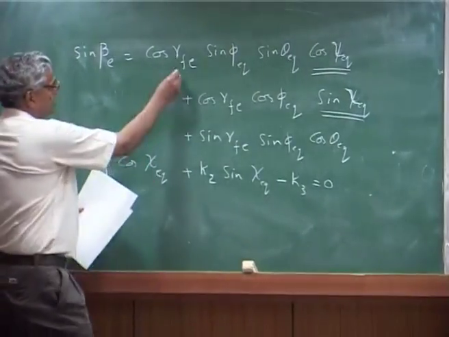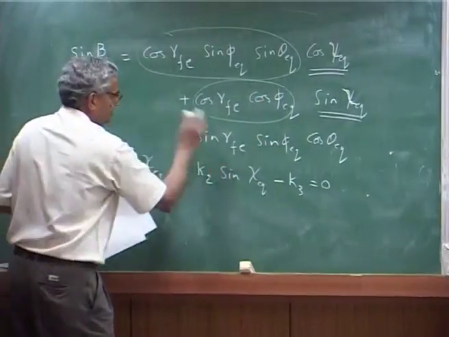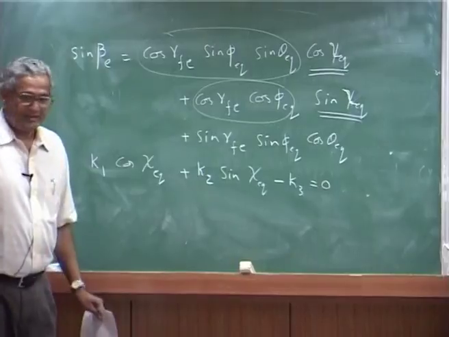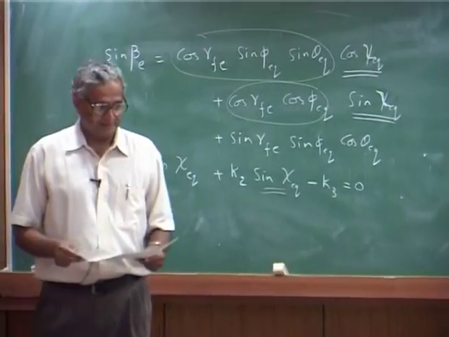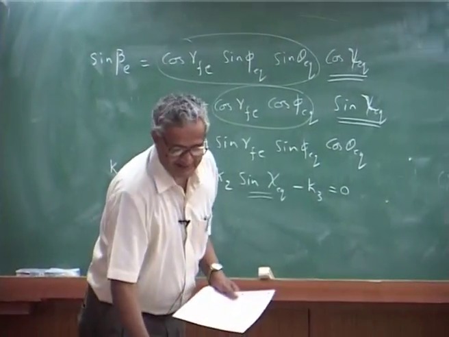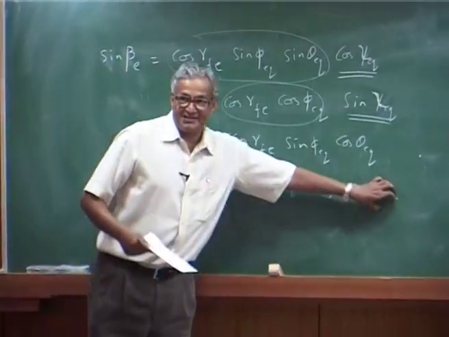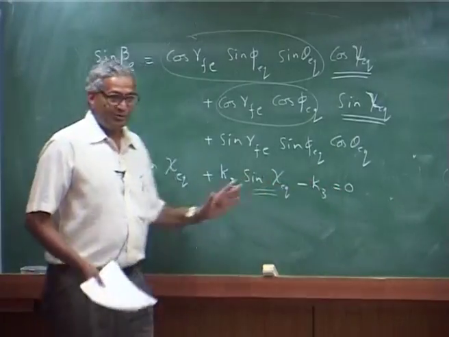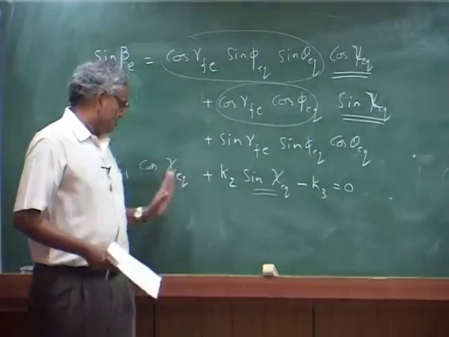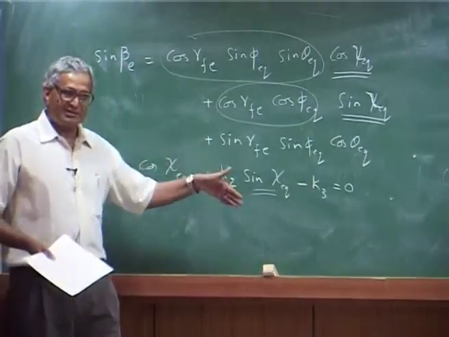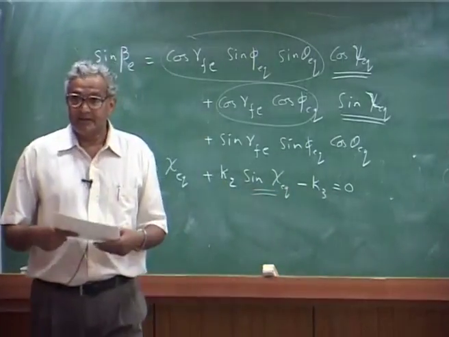Okay. You can say this is K1, this is K2, and K3 is you bring this term and then put a minus sign. Now, what you do is you convert either sine to cos or cos to sine, okay, and then take this term on this side, this term on the other side, square both, you will get cosine square, then cosine square can be written as 1 minus sine square. So, you will have an equation in sine chi.